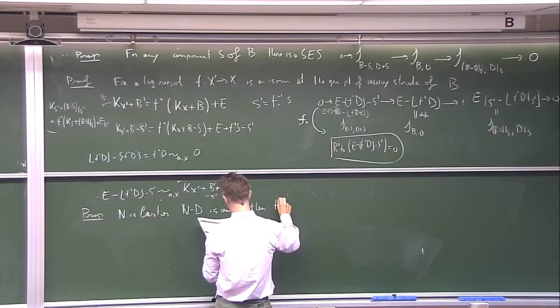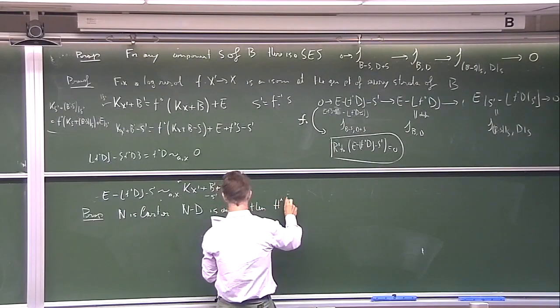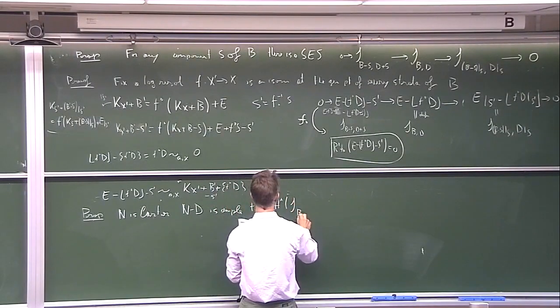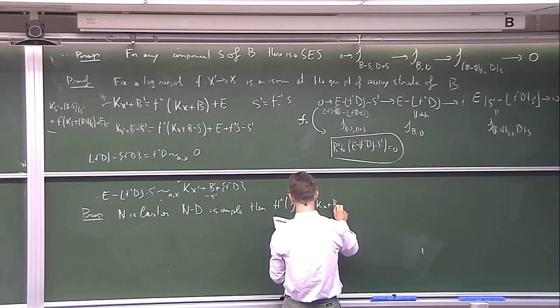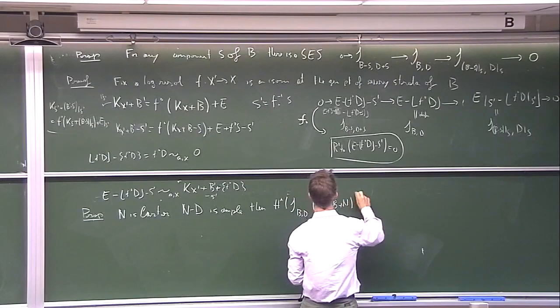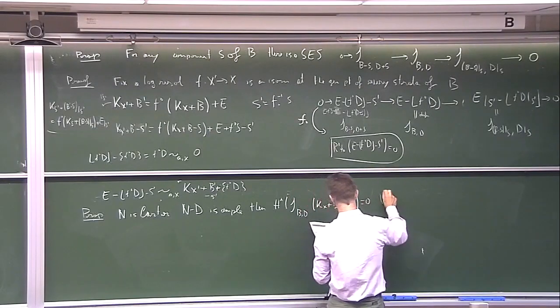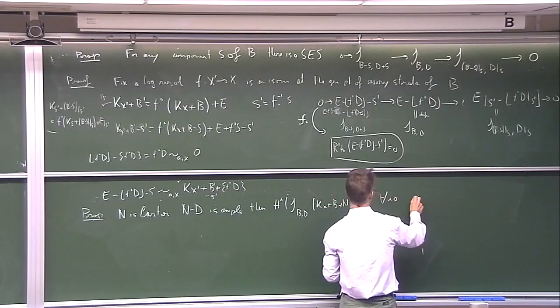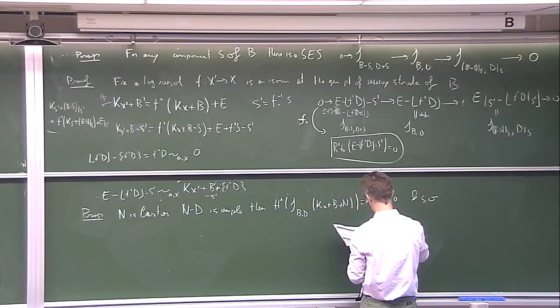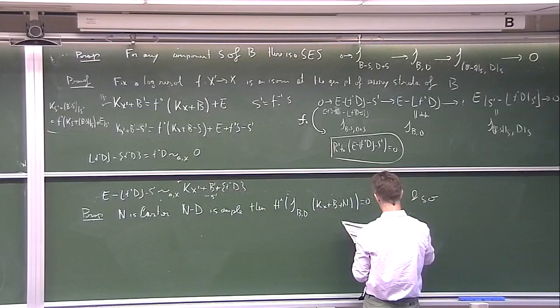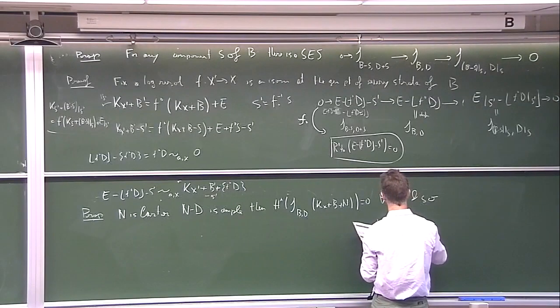Then all higher cohomologies, in fact, of I, B, D, Kx plus B plus N are equal to 0 for every i greater than 0. And so we get a surjection from H0 of I, B, D, Kx plus B plus N.